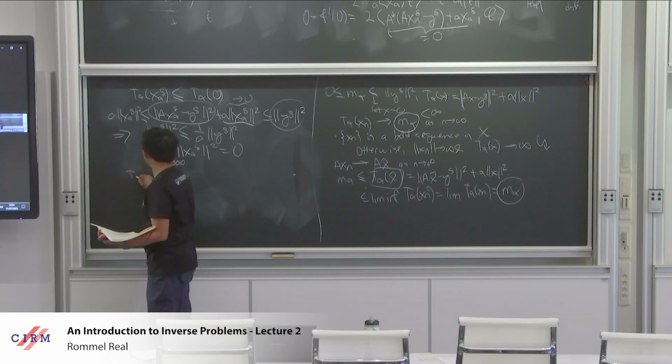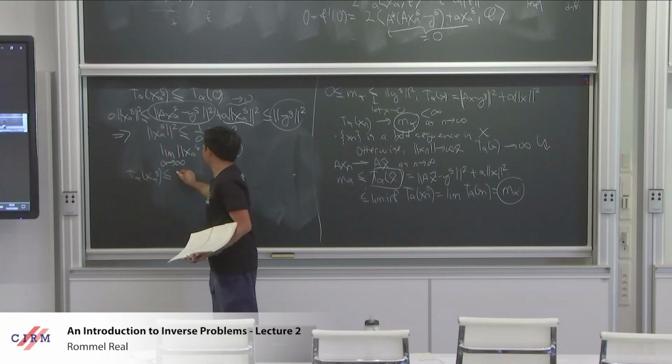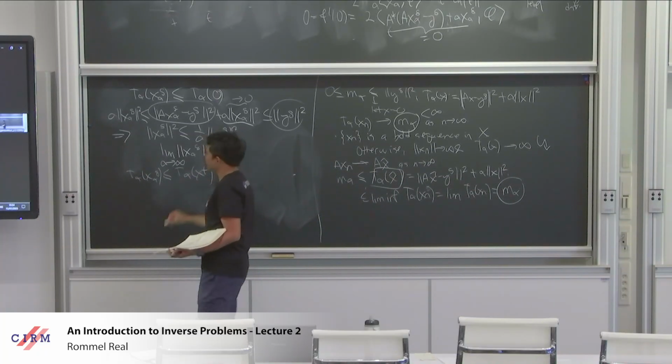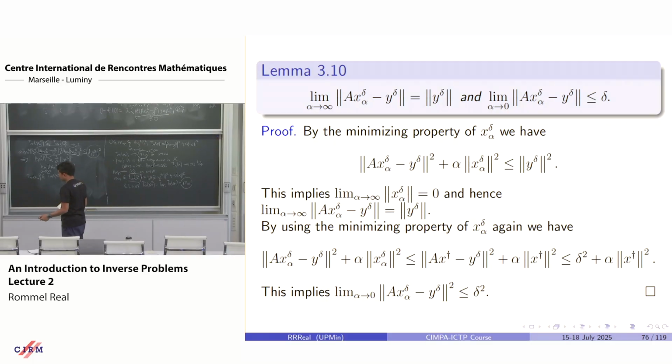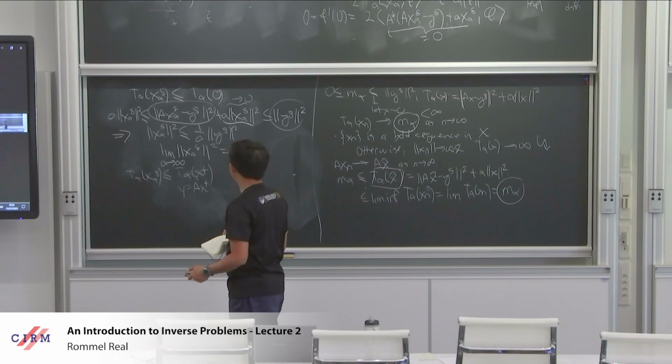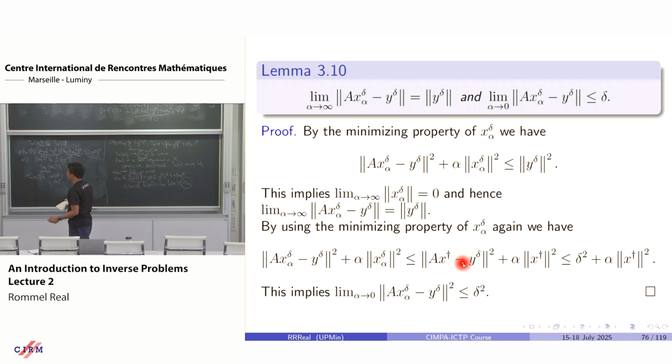So it also shows that t sub alpha of x sub alpha delta, by being the minimizer, is less than or equal to t sub alpha at, let's say, a candidate point, x dagger. And that's why we have this first inequality here. Because by definition, y is equal to A x dagger, because x dagger is the solution, and this is bounded above by y minus y delta square, so it's bounded above by delta square plus alpha times norm of x square.